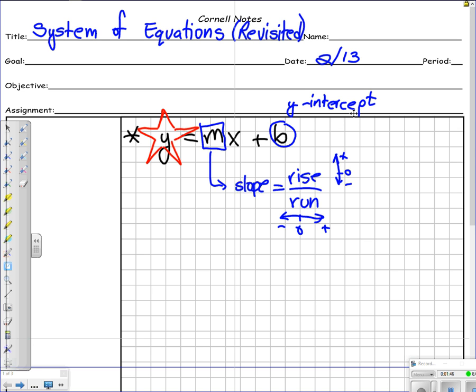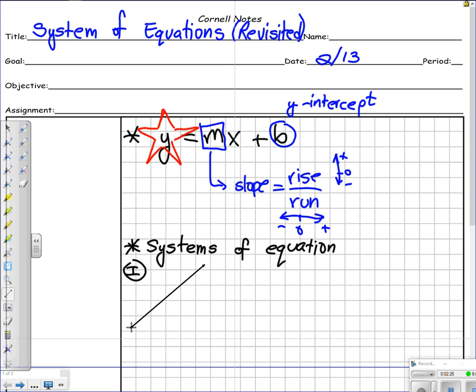Okay. Now, let's review systems of equations. What that is, you're going to be graphing two lines. And when you graph two lines, there are three possibilities. Possibility number one is, maybe you have something that looks like this.